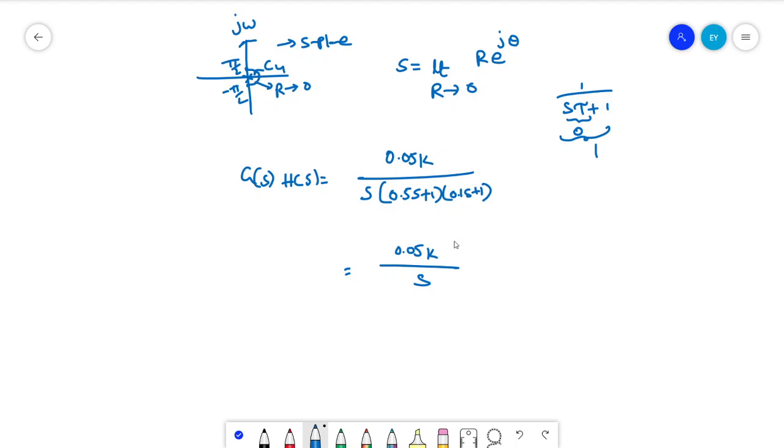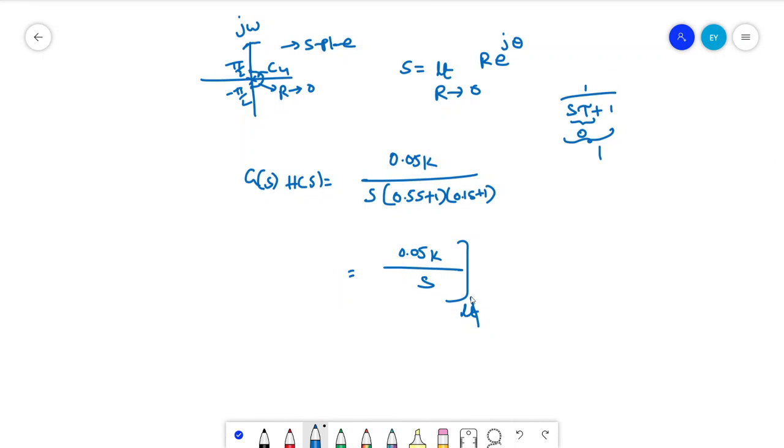Okay, just apply the limit r tends to 0, with s equal to r into e power j theta. Substitute this function in s.